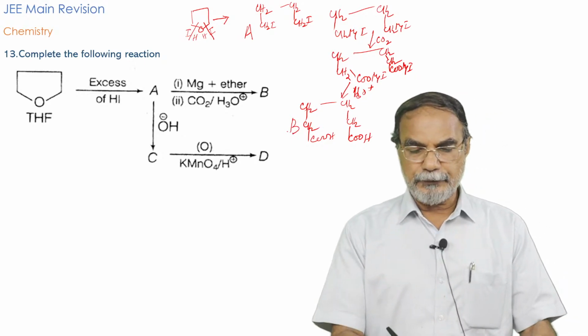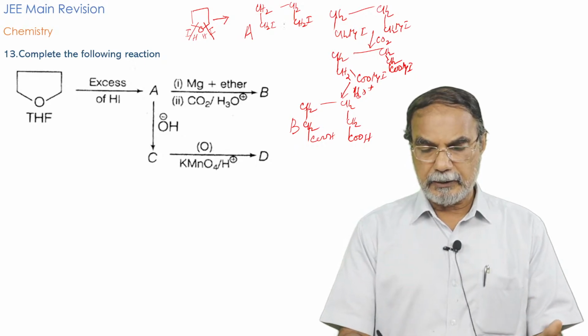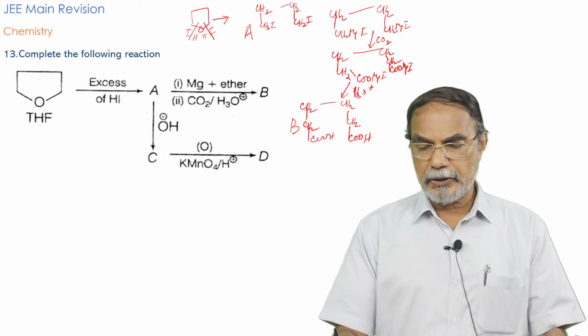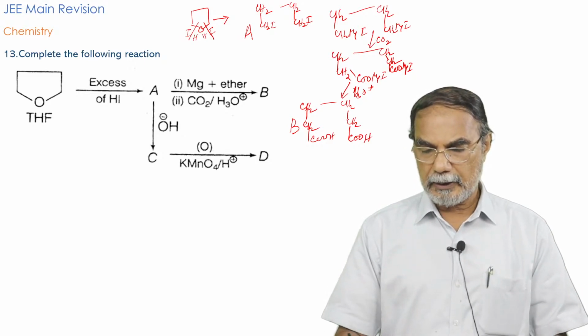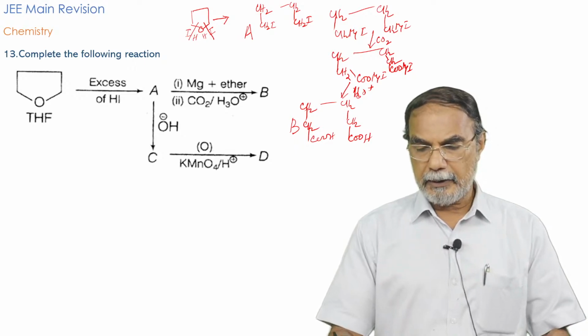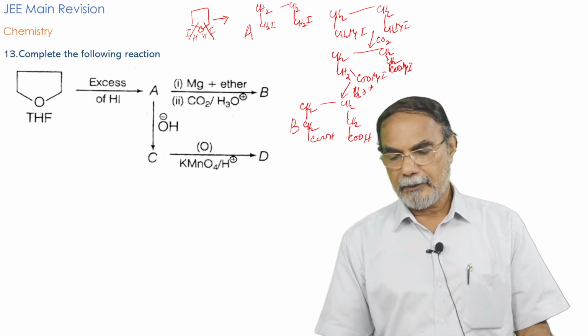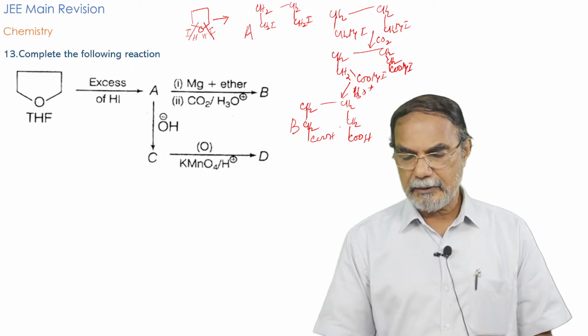So tetrahydrofuran, cleavage with excess HI, you get that diiodide, reaction with magnesium to get the Grignard reagent, which reacts with carbon dioxide. At both the Grignard reagent parts of this substrate, you have reaction taking place, and on hydrolysis, it gives the dicarboxylic acid.